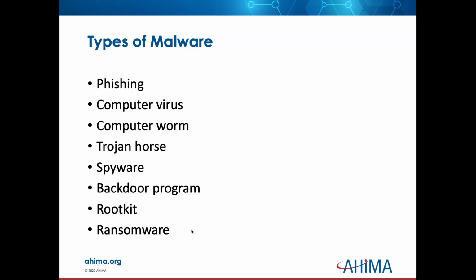Their EHR is shut down and locked by the hacker or by their group until the hospital or healthcare organization pays a very large ransom amount of money to get their system back unlocked. And there's no guarantee once they get it unlocked that it hasn't been wiped clean, that it hasn't been corrupted, or that the information hasn't been inappropriately disclosed. So very serious there. And if you're curious about this, this is on pages 290 and 291 in your book.